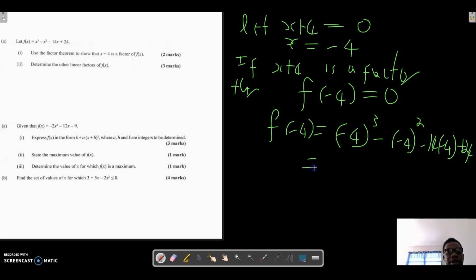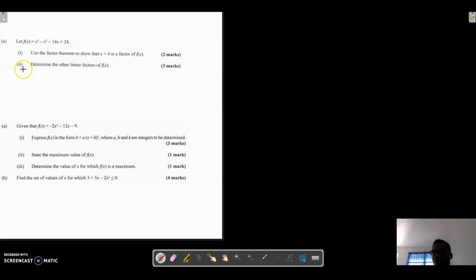Once again, you can plug all of this into your calculator, and you're going to end up with 0. So therefore, x plus 4 is a factor. So we have to treat maths as a language, right? We'll move to part B of the question that says determine the other linear factors of f of x.